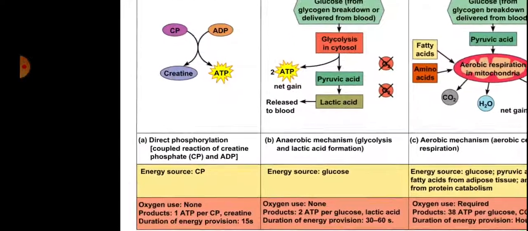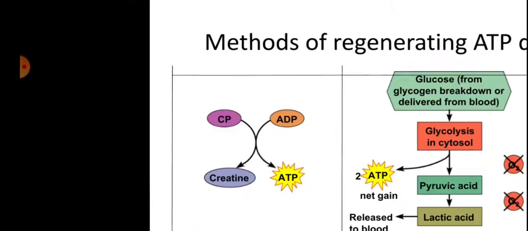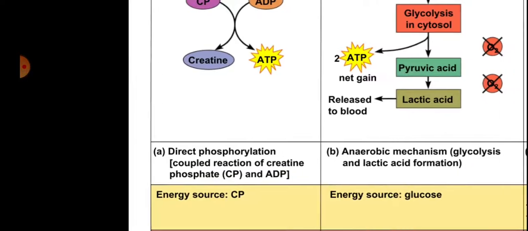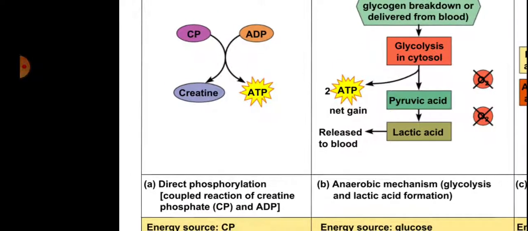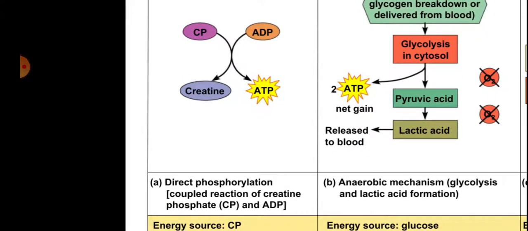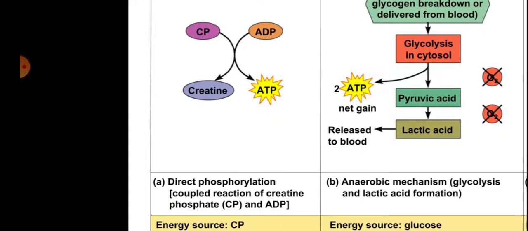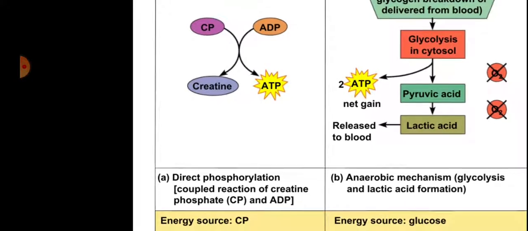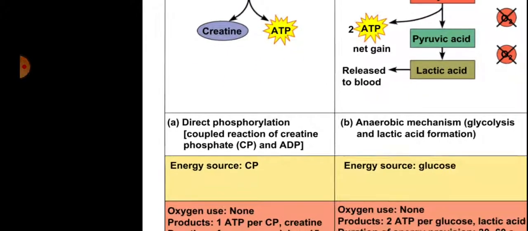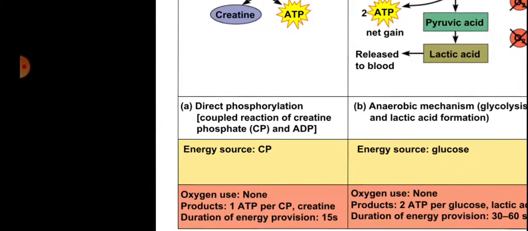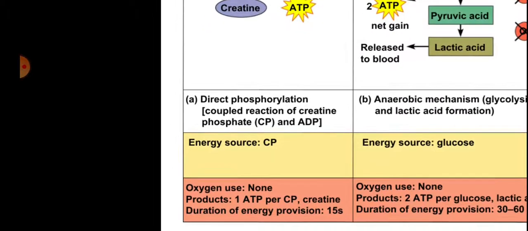In the first case, the energy source is creatine phosphate. Creatine phosphate gives out creatine and one inorganic phosphate, and ADP, adenosine diphosphate, changes to ATP. This is direct phosphorylation, a coupled reaction of creatine phosphate and ADP.